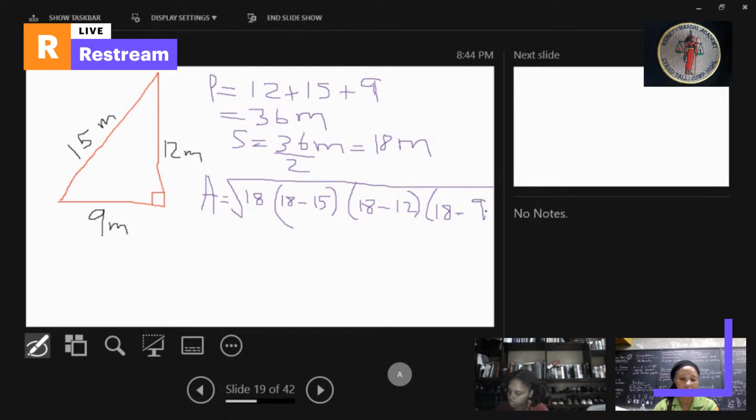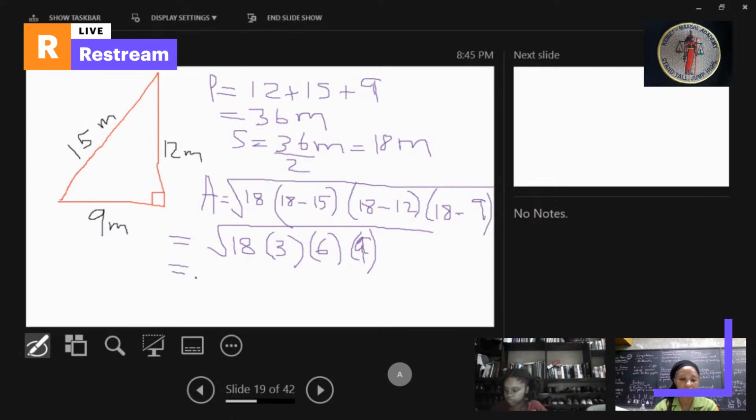And what do these give us? Okay, miss. So the square root of 18 times 3, 6, and 9.